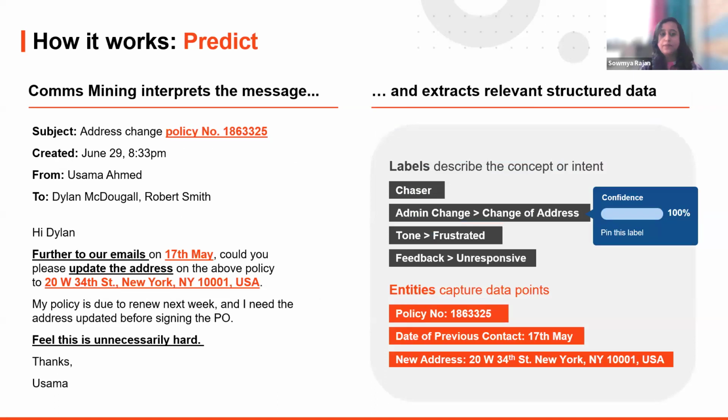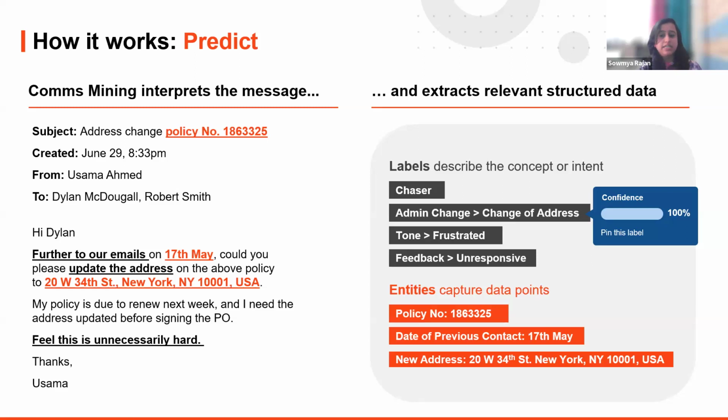The next one is predict. Once we start to train the model, the communications mining starts to interpret the message and tries to give interesting insights and also extracts relevant structured data. For this particular email, it talks about change of address. So the label being described over here is called change of address. And if you want to extract key data points, those are called entities.